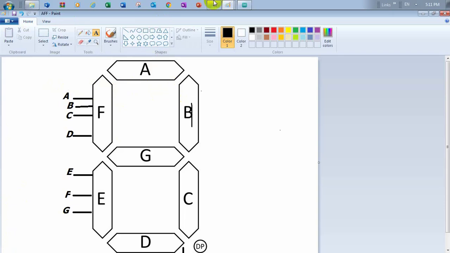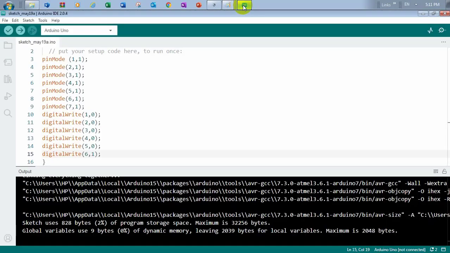Okay, so what happened now? Now we know each leg of this segment is connected to which segment.